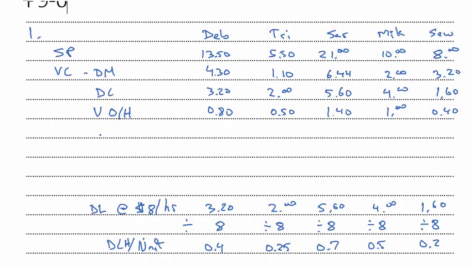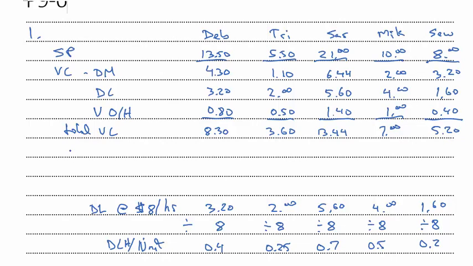So total variable costs, let's go total VC. Actually, if we do that, we should put an underline. There's all the separated. Okay, so total variable costs: $8.30, $3.60, $13.44, $7, and $5.20.